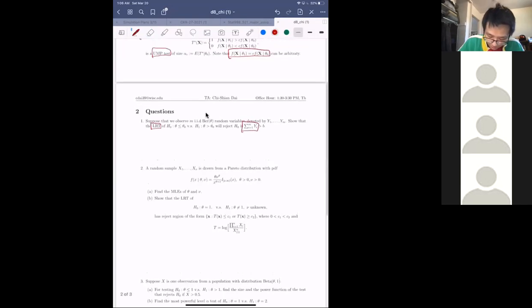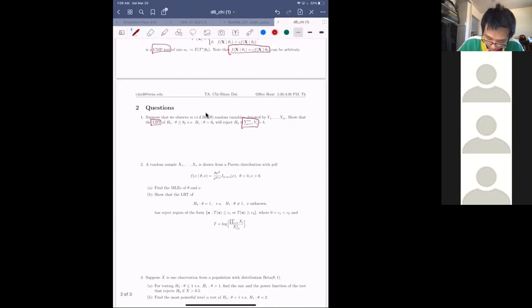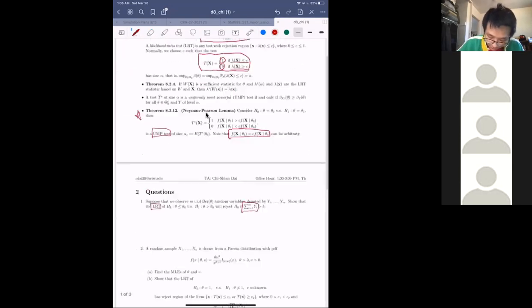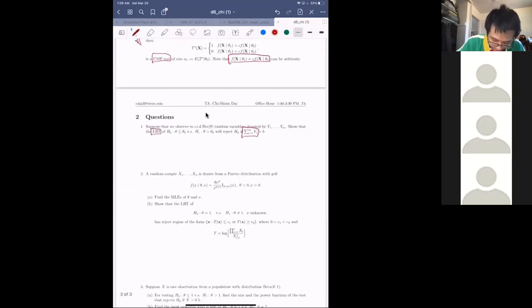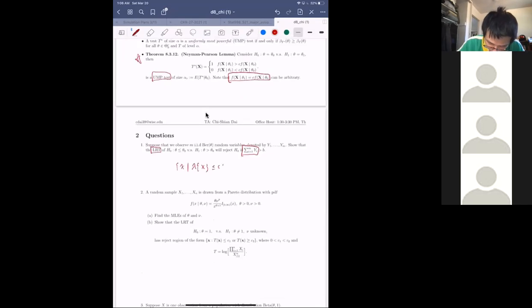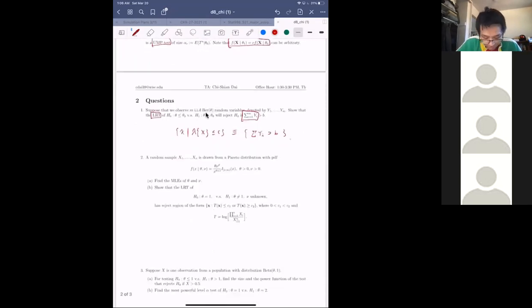You don't have to calculate the constant. In this question, they want you to find the rejection region. Look at this: if the likelihood ratio is small, it's equivalent to this being big. Okay, so now please try to do question 1.